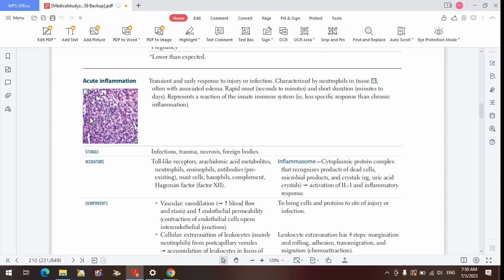The interleukin-1 and the TNF are going to activate the nearby endothelial cells. Interleukin-8 is going to start recruiting our neutrophils to that area. So neutrophils get to that area and bind to the activated endothelial cells.